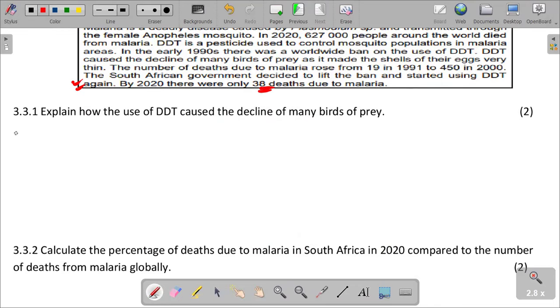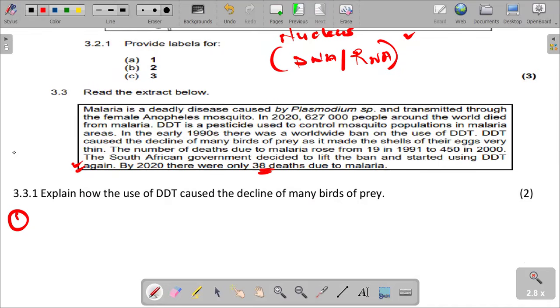So question number 3.3, it says, explain how the use of DDT caused the decline in many birds. It is given that it actually affected their shells. It made the shells of their eggs very, very thin, which caused difficulties in hatching.